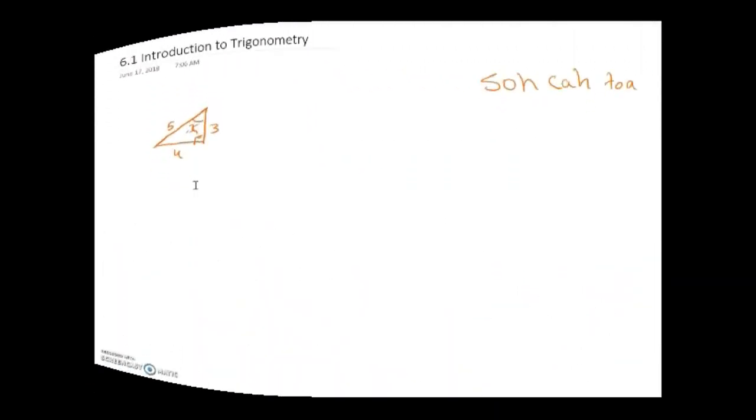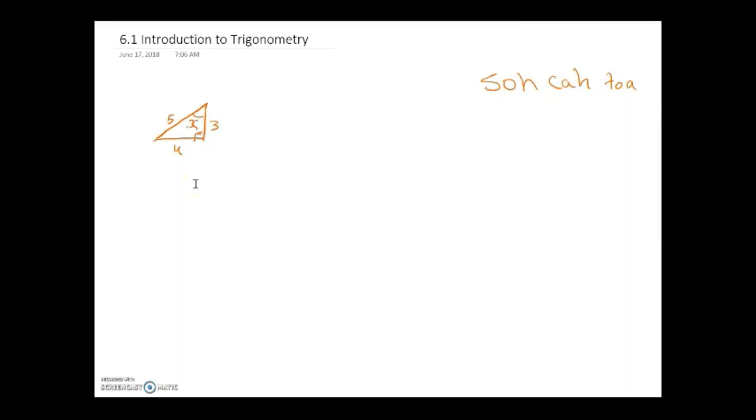For this example, we took the same triangle but a different angle. We took this angle, which is labeled as x, and we'll be solving for sine, cosine, and tangent. Now remember, the opposite and the adjacent are different now, because the angle is different. The opposite will be this one, which is 4, and the adjacent will be 3.